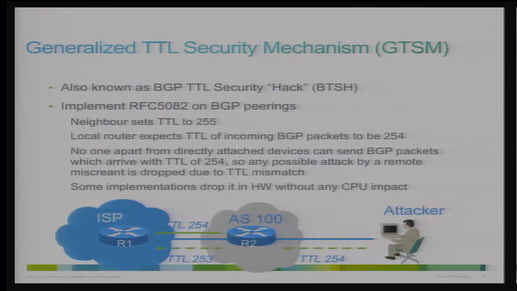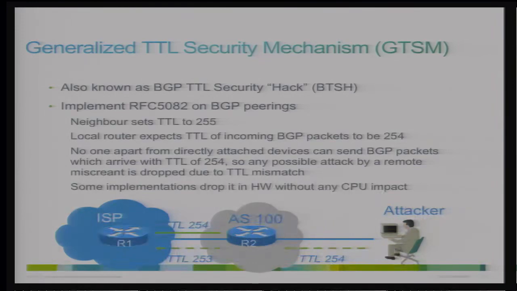If the two peer routers can support GTSM, the advantage is that somebody cannot establish eBGP peering with you or send you an eBGP update using an existing TCP session, because the TTL is set to 255, and if you receive an eBGP update with a TTL number lower than 255, it will be dropped. This is what the GTSM does.